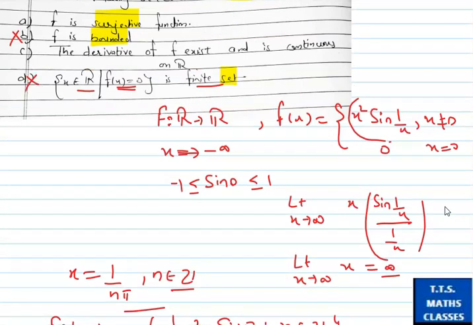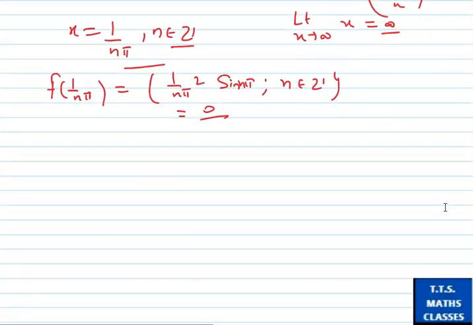Now talk about option C. Option C says the derivative of f exists and is continuous on R, meaning the derivative of f(x) is also continuous on R. Can we say it? If we talk about this option, f(x) is given as x² sin(1/x) when x is not equal to 0.